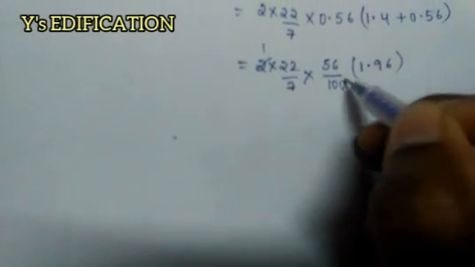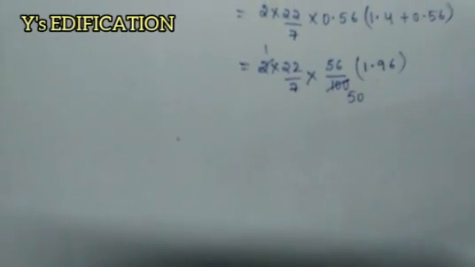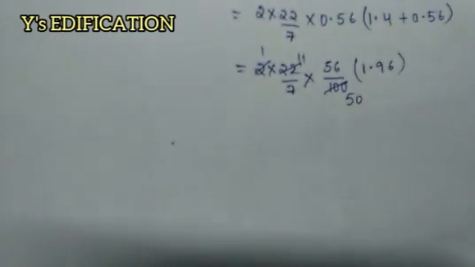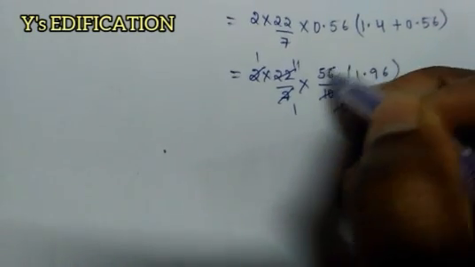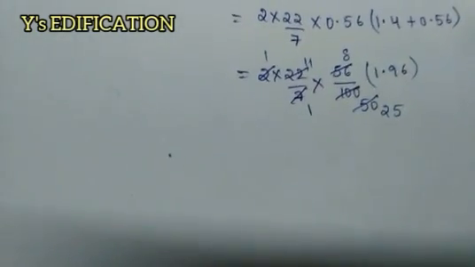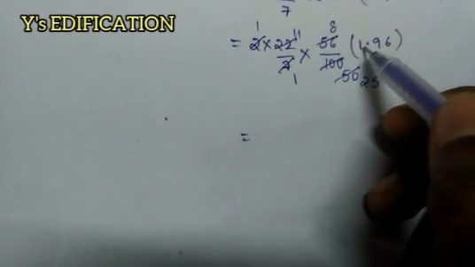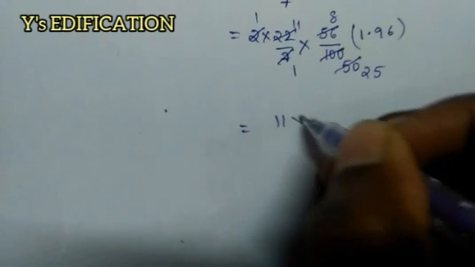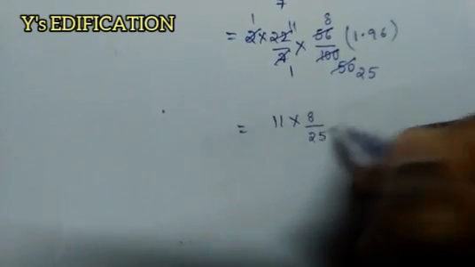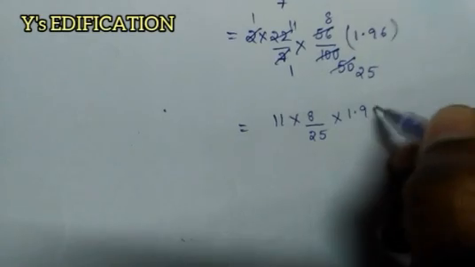Now 2 into 1, 2, 2 into 50, 100. Next, 2 into 11, 22, 2 into 25, 50. Next, 7 into 1, 7, 7 into 8, 56. So what is the remaining? 11 into 8 by 25 into 1.96.